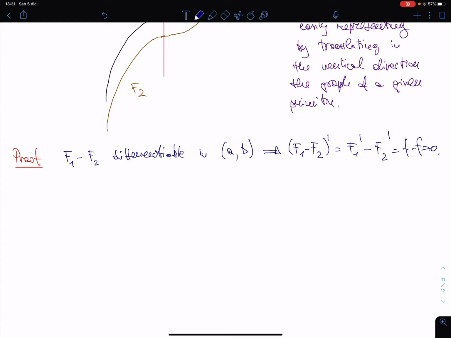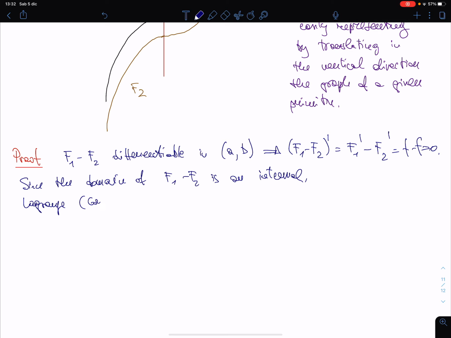Now, since the domain of F1 minus F2 is an interval, then the Lagrange theorem states, more exactly the corollary of the Lagrange theorem that we studied in the previous lecture.